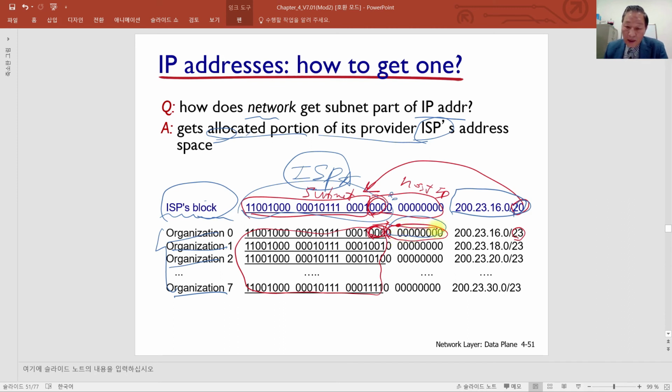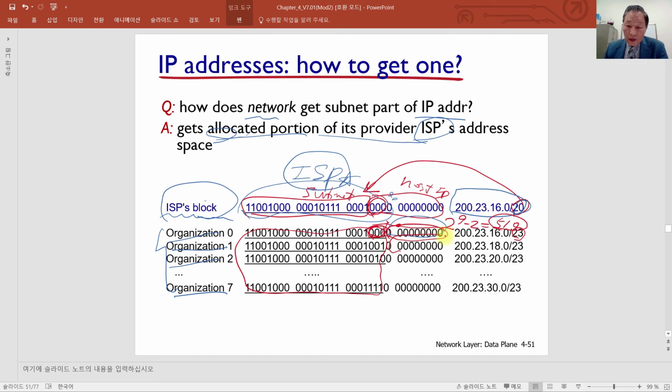That's the 9 bit, 2 to the power 9 minus 2. That is the whole number of IP addresses. That means the whole number of clients or devices we can hook up in this network.